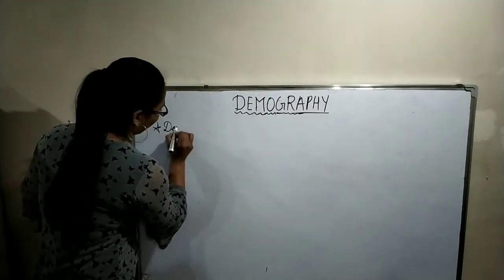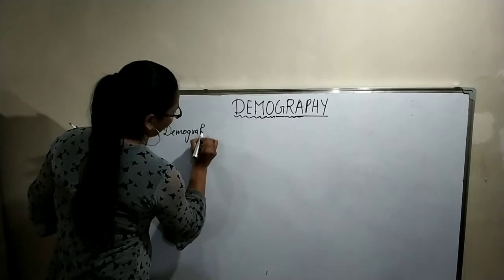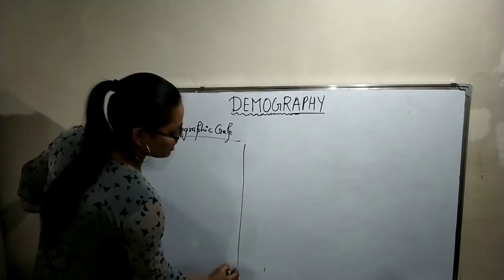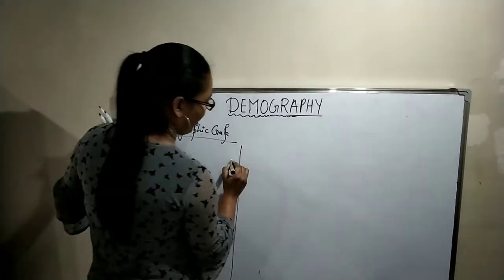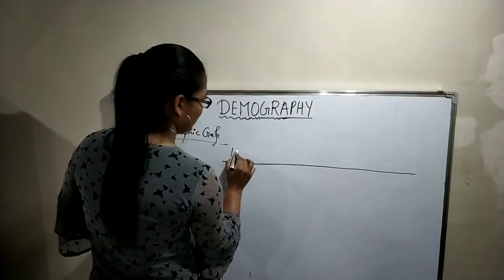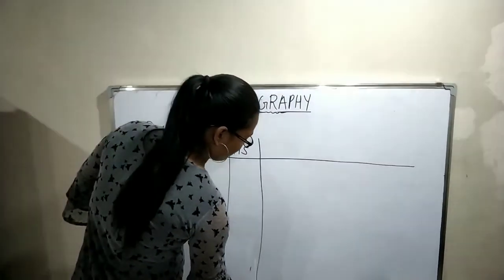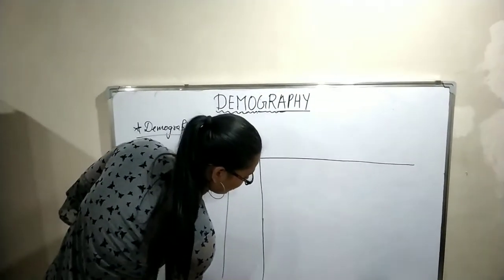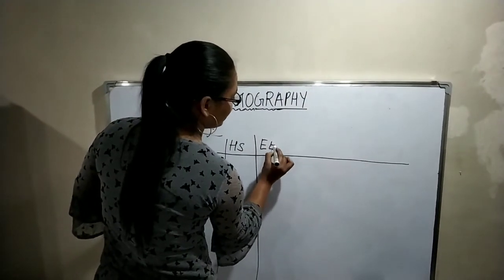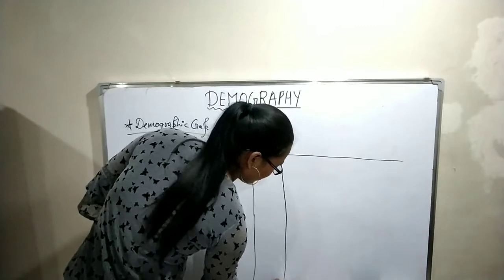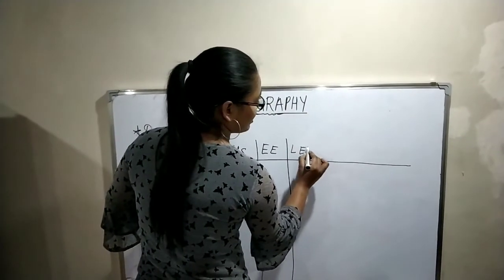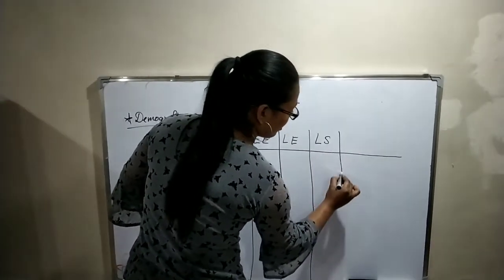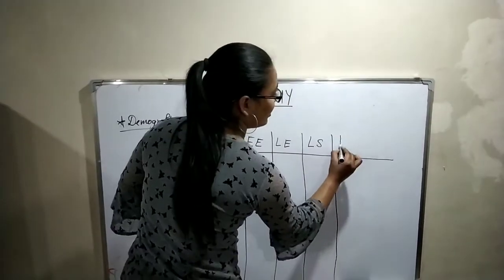So demographic gap. If we talk about demographic gap, we have 5 stages. As I told, we will make one graph. 5 stages: high stationary stage, then early expanding stage, then late expanding stage, then low stationary stage, then declining stage.